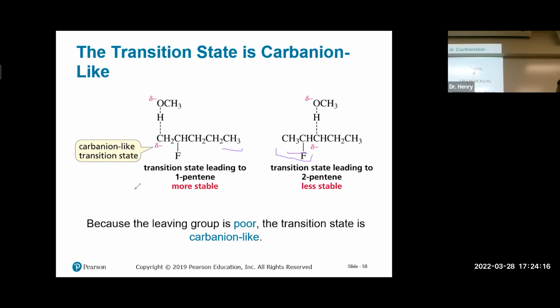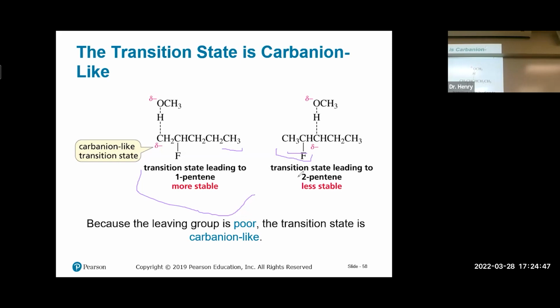The more stable state, in this situation, is going to be this guy, the terminal one, compared to what we have here.